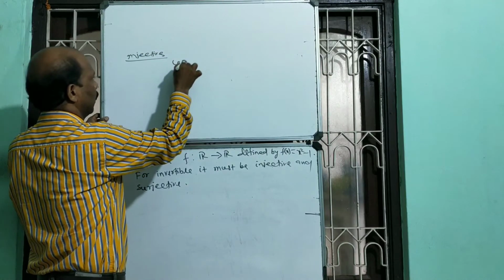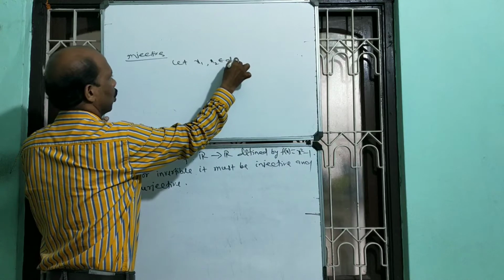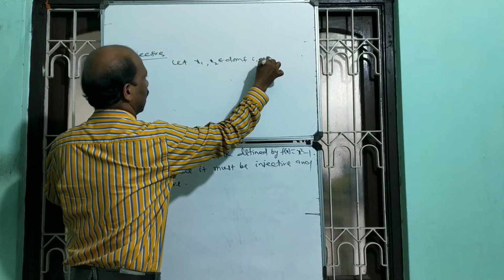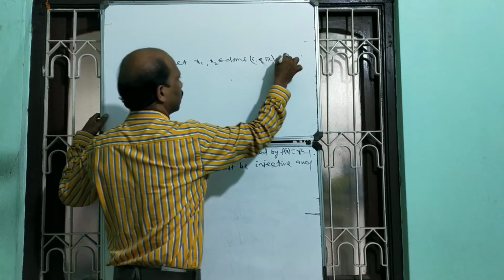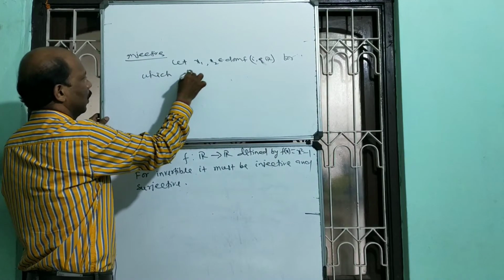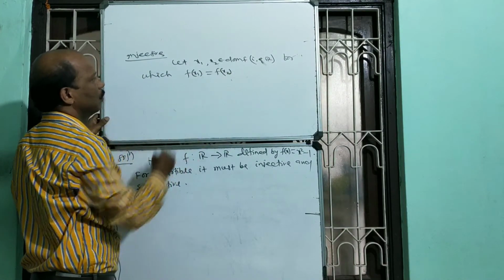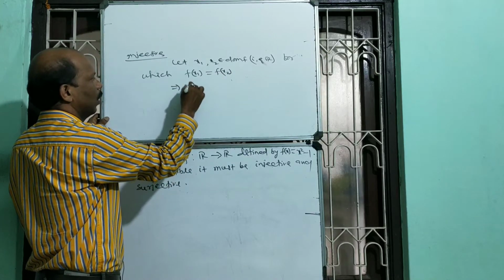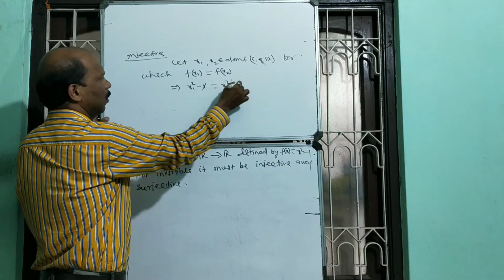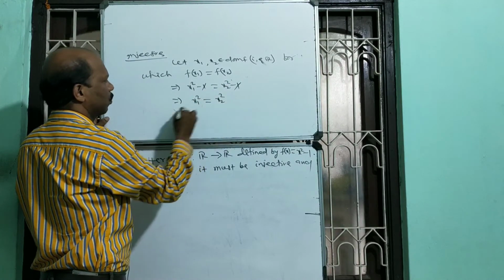Let x1, x2 belong to DOM f, that is R, for which f of x1 is equal to f of x2. That implies x1 square minus 1 is equal to x2 square minus 1. Minus 1 cancels out. x1 square is equal to x2 square.